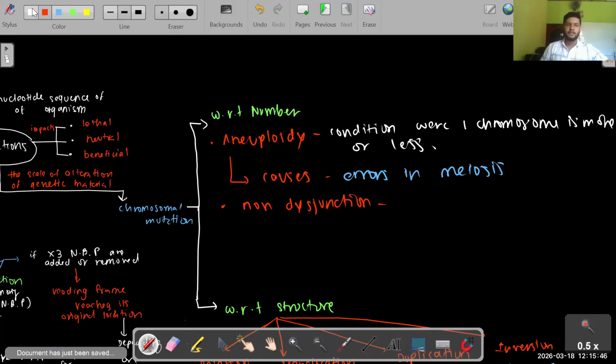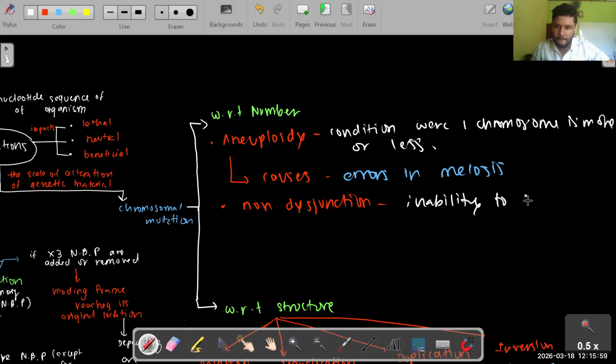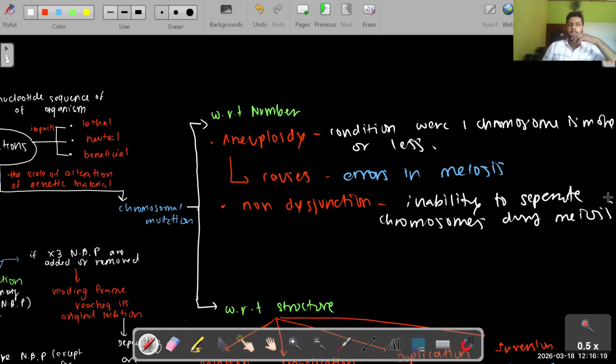Non-disjunction means inability to separate chromosomes during meiosis, right? Aneuploidy done, non-disjunction done.